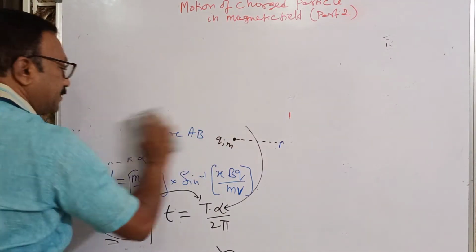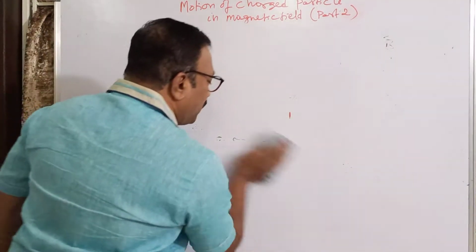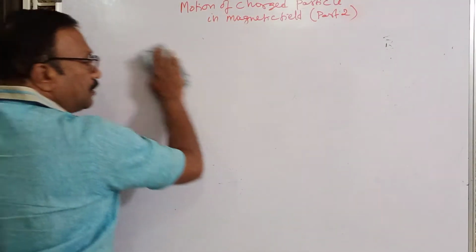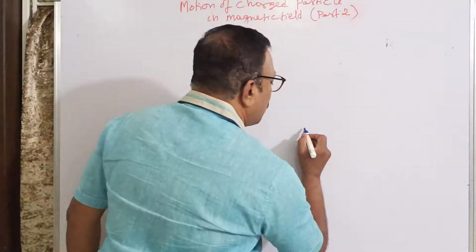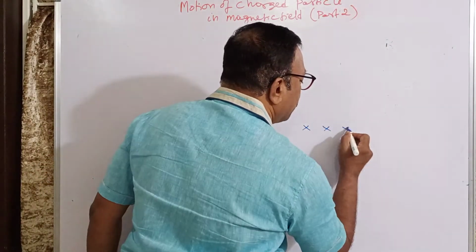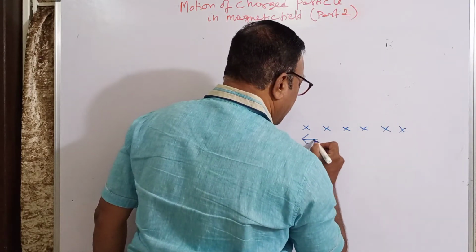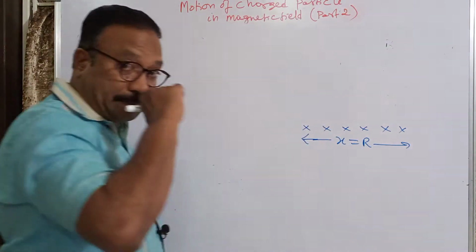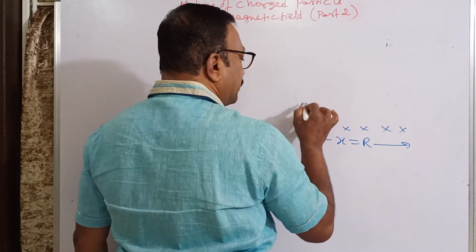In the second case, when it is equal to radius exactly, so I can tell you the particle can cover, suppose I am having a length of the field, this is exactly, the length is equal to radius. Length equal to radius, okay, you have a magnetic field like this.